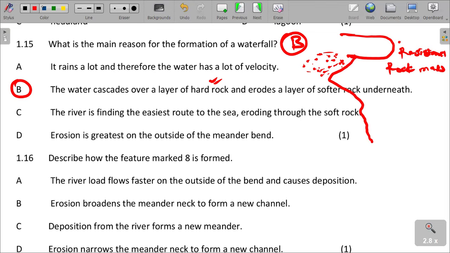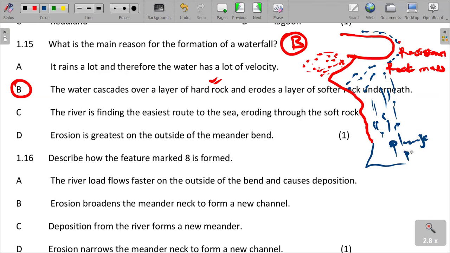So when it rains, water flows and falls here, hits there, and some of it falls down here, which results in the formation of a plunge pool. It is formed down there because of the residuals falling from the softer rock mass that is being eaten away. So we tend to have such forms, and that is a waterfall.